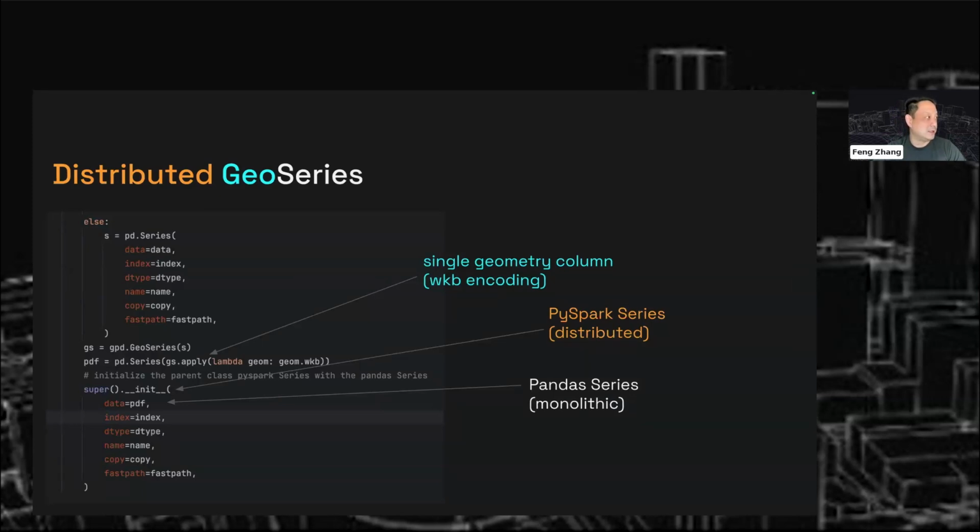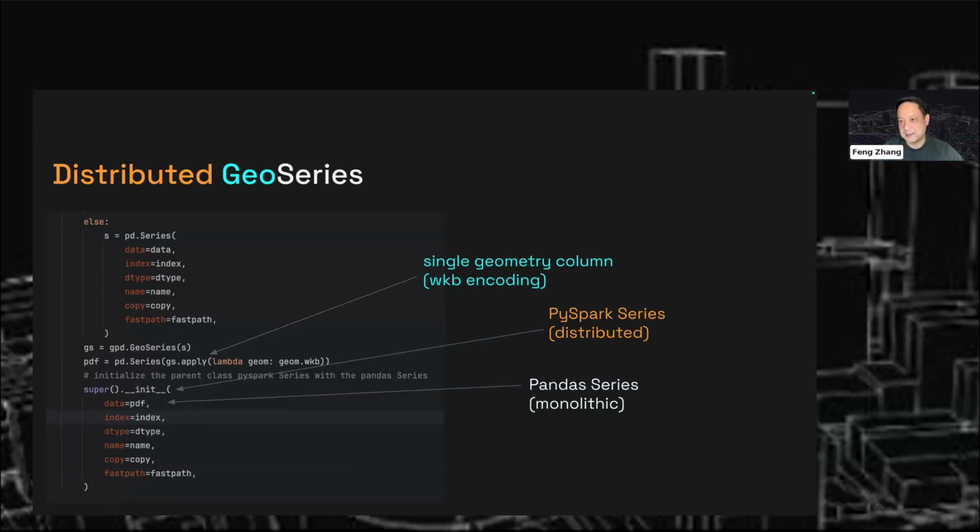And then we also added the distributed way, which basically means under the hood, you can see here, we include a PySpark series as the internal format for the Sedona GeoSeries. This means first, people can run any Pandas API on top of this, and also they can run any PySpark series on top of this.